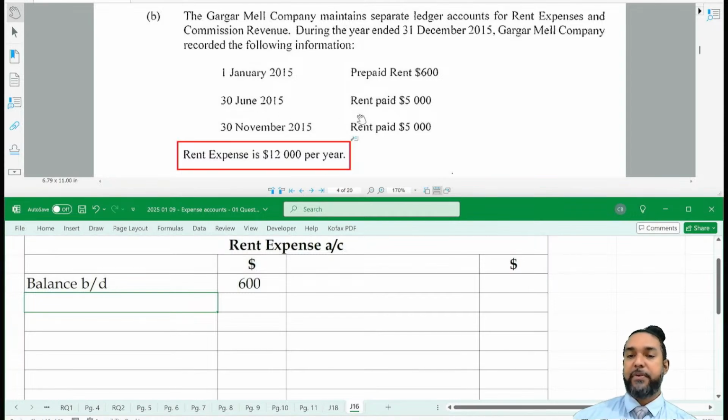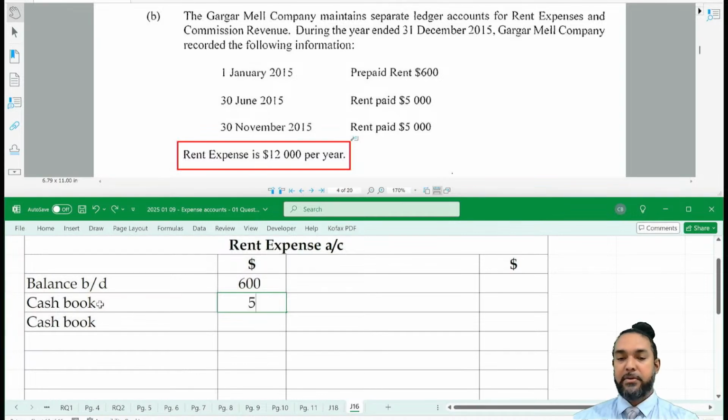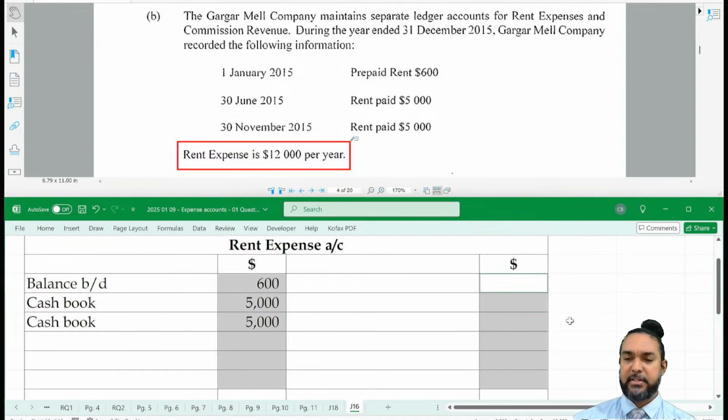Now, again, we have two figures in respect of rent paid. You can put rent paid, but I like to put cash book, because that way I know that if it's a cash book figure, it's a payment figure. So it's two amounts of 5,000. And I have the rent expense is 12,000 for the year.